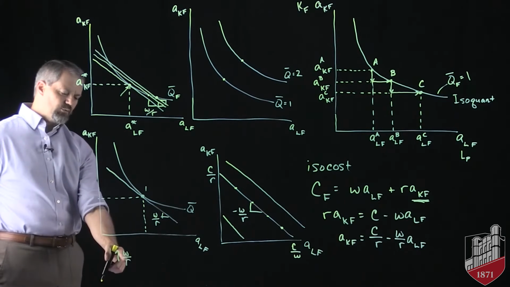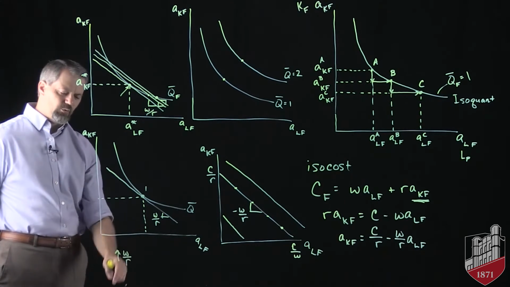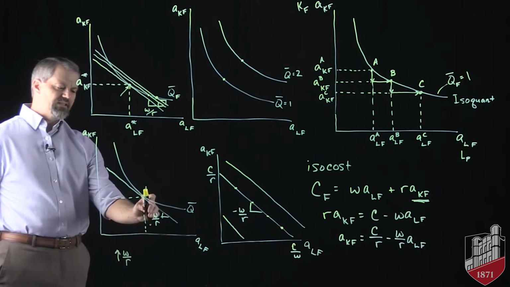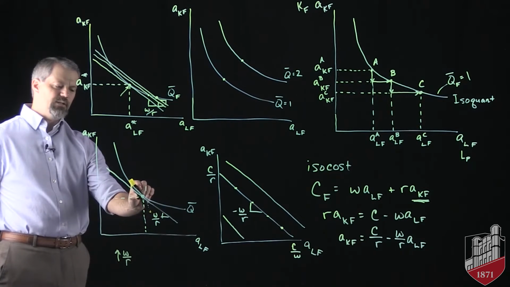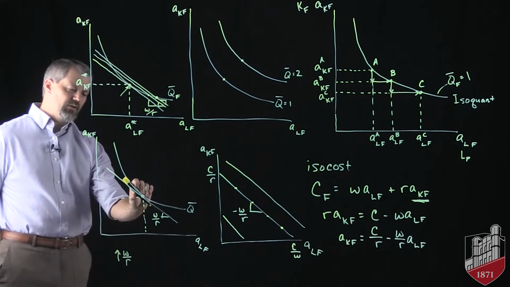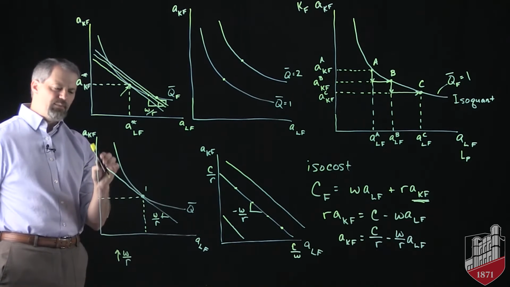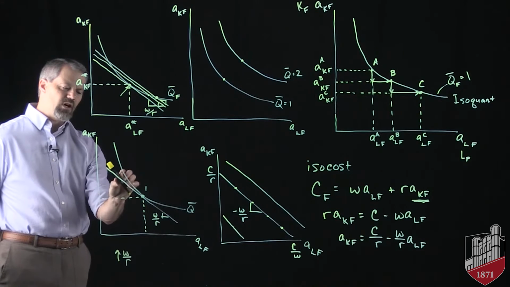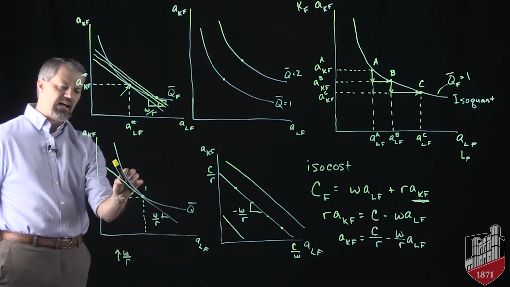So if the relative wage goes up, then this isocost line is going to get steeper. And so let's suppose it does get steeper. We're still going to find our optimal point by looking where that isocost line is just tangent to that isoquant.